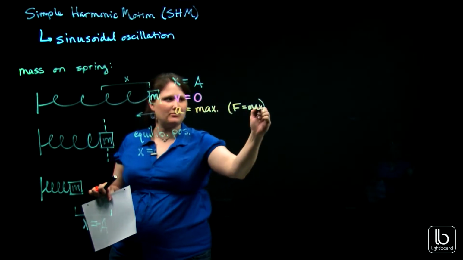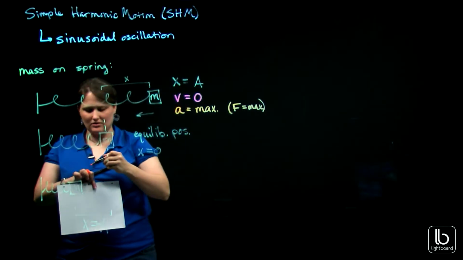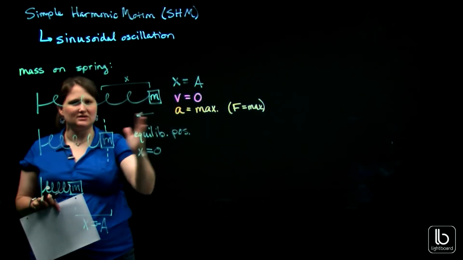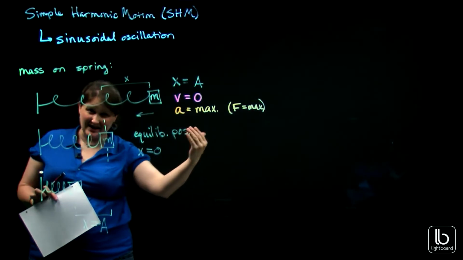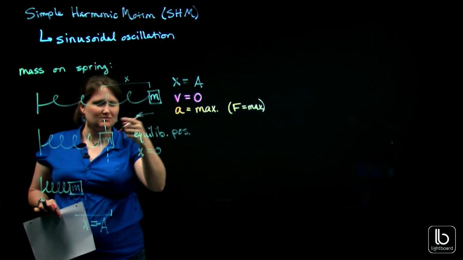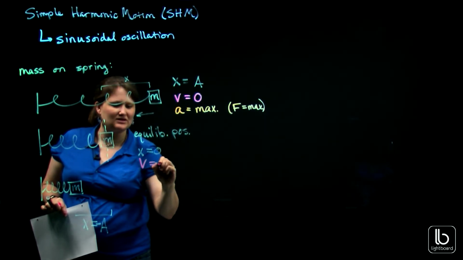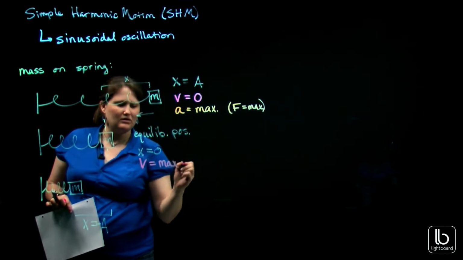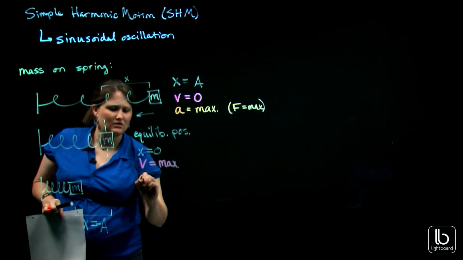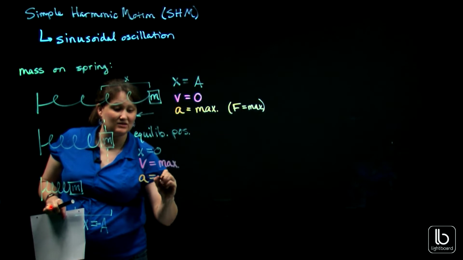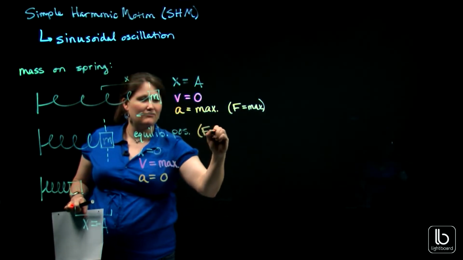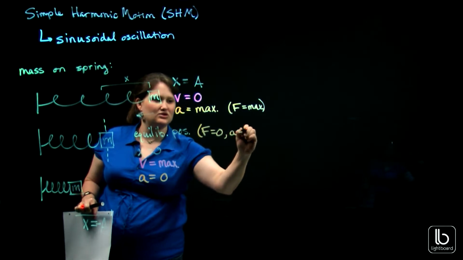This is like maximum, the word. Okay. Here, my velocity is the greatest, as I've had a chance to accelerate the most. So my velocity picks up, and at this point, my velocity is at a maximum. But my acceleration is at 0, because this is an equilibrium position. In other words, force is 0, so acceleration is 0.